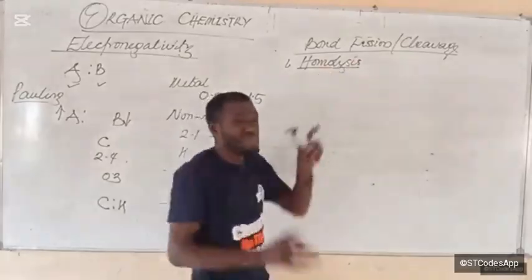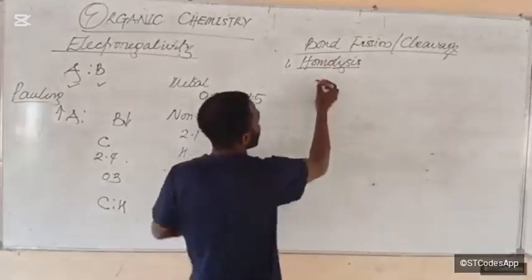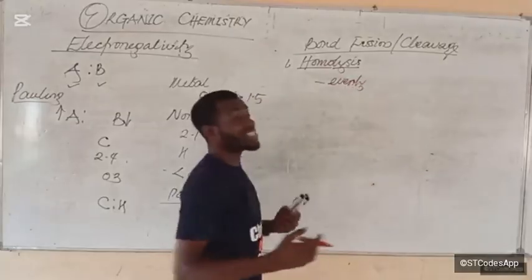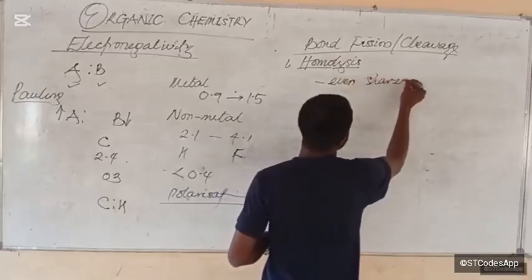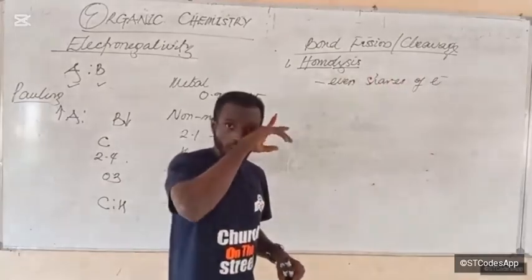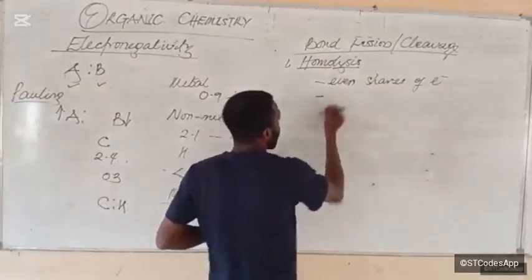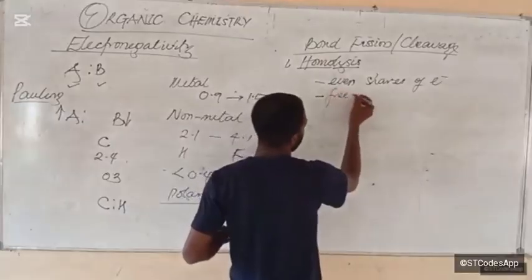So when there is separation of the atoms, each of them is going to get an even share of the electrons when they divide. Okay?